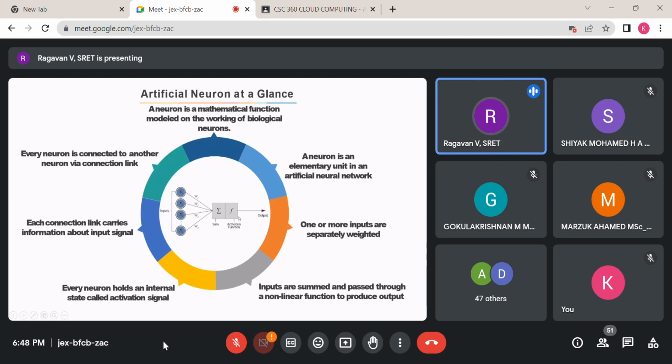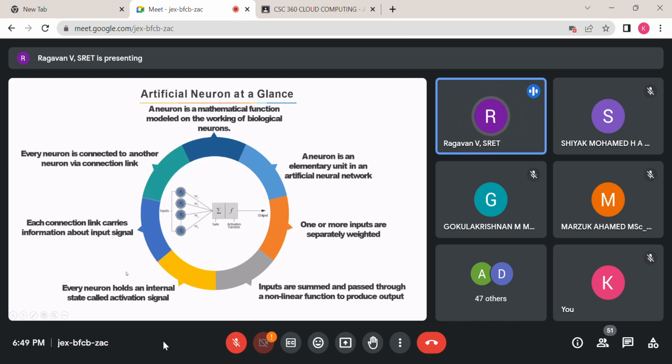Summed up and passed through the activation function. Activation function we will discuss, don't worry, and then the output. So inputs are summed up and passed through a non-linear function to produce output.